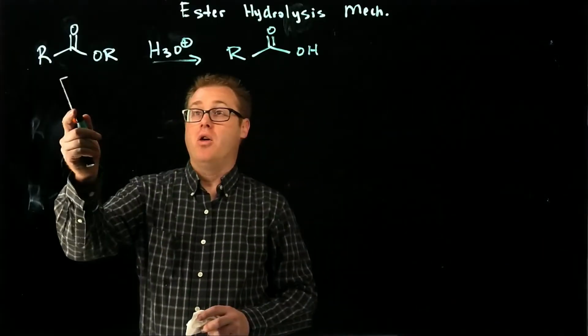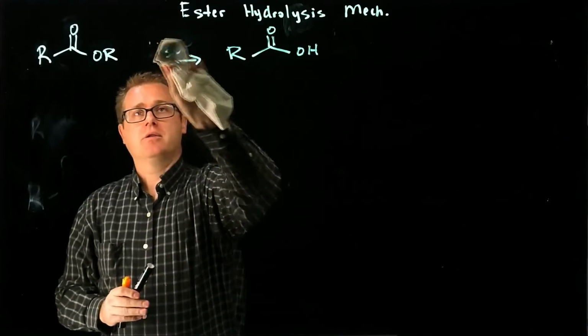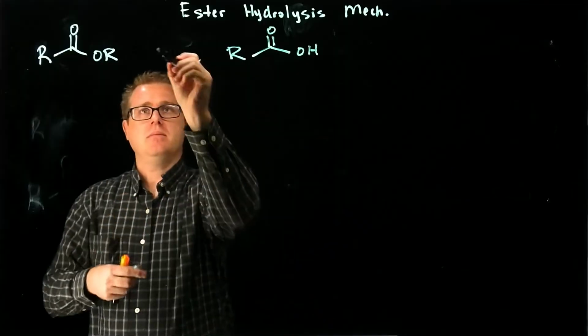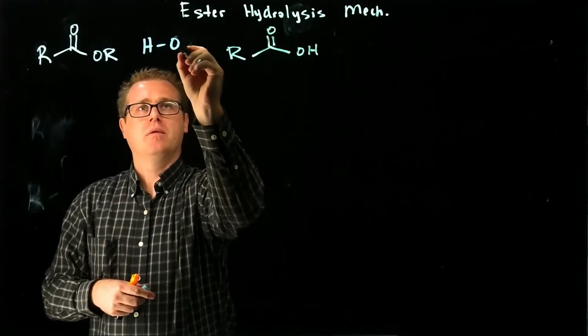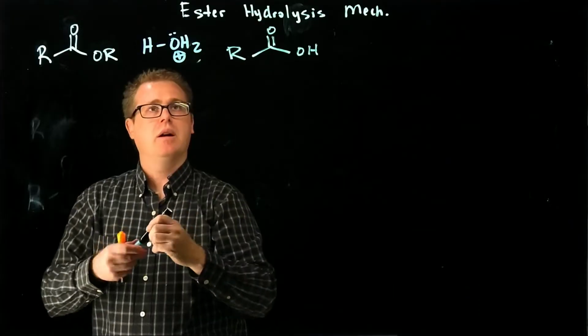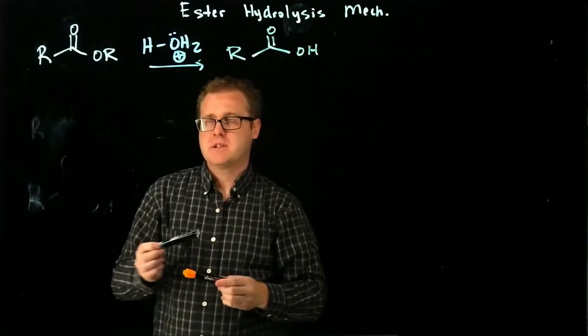So here we have the overall transformation. So let's take the hydronium and expand it out. Okay, so let's expand it out here. So what would the first step be?